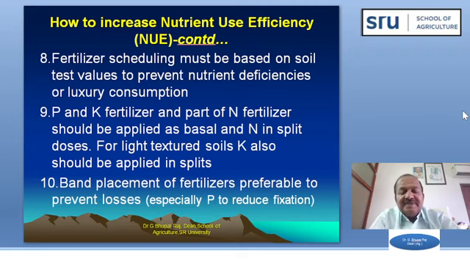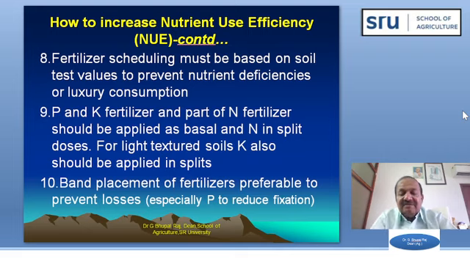So the total phosphorus, some part of the potash, and some part of the nitrogen can be applied at basal. Nitrogen is required at different later stages of crop growth, so nitrogen application has to be matched to whenever the crop requires it at the later stages. So nitrogen in split doses has to be applied. For example, for light textured soils, potash has to be applied in splits.